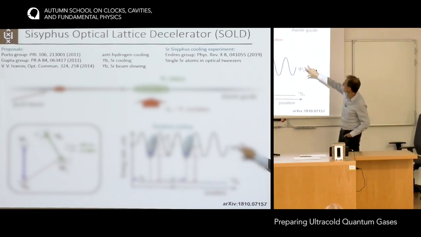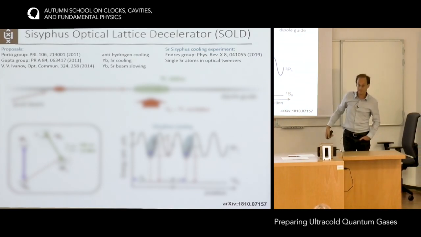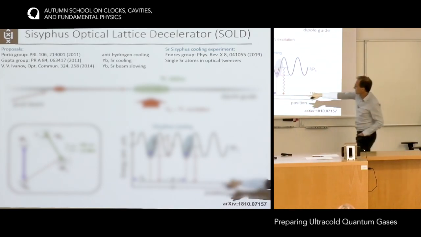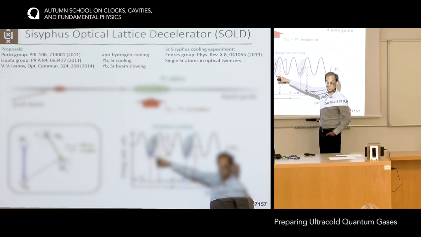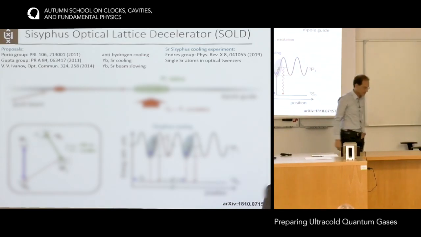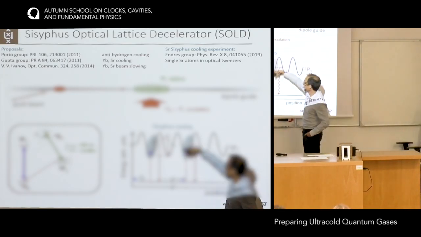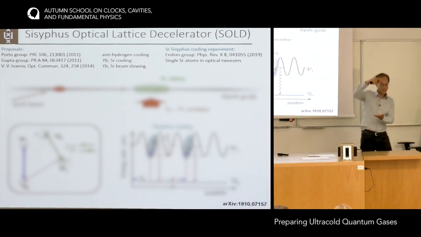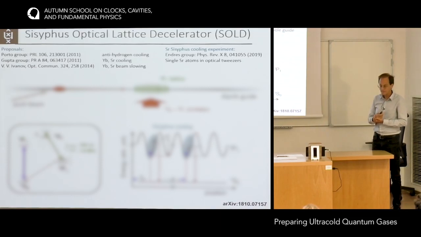We can do this because the modulation is much deeper than 7 kilohertz. If an atom is excited, it lives there for a long time, 22 microseconds, plenty of time to climb up the hill. At some point it will spontaneously emit a photon and fall down again, but it has lost on average half of the full height of the lattice. So it's a very efficient cooling mechanism.